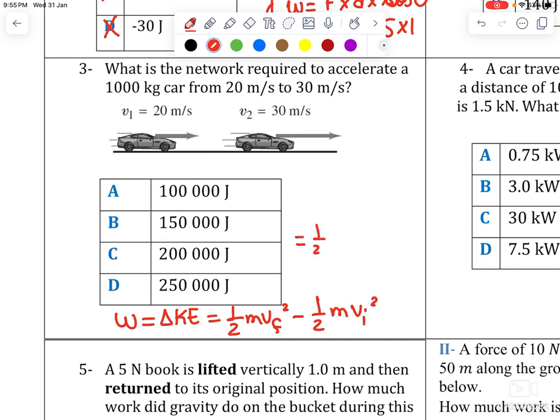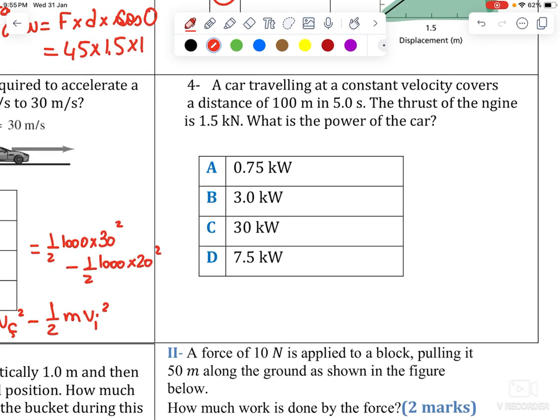Replacing everything by its value: half times 1000 times 30 squared minus half times 1000 times 20 squared, it will give me 250,000.